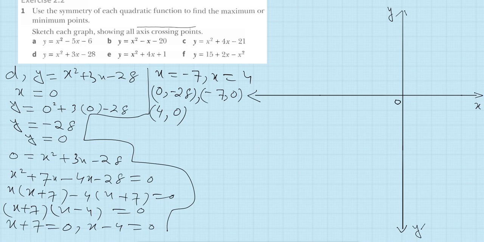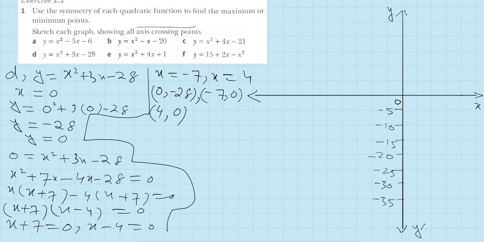So this is first 0, minus 28. So if I take minus 5, minus 10, I am taking 1 square as 5, so minus 15, minus 20, minus 25, minus 30, and minus 35.